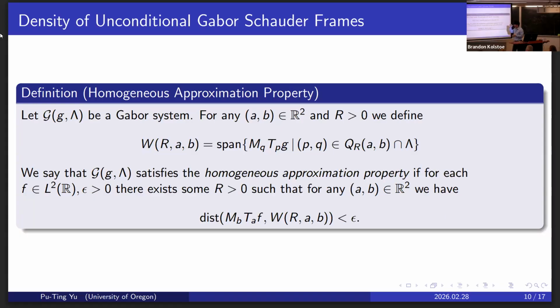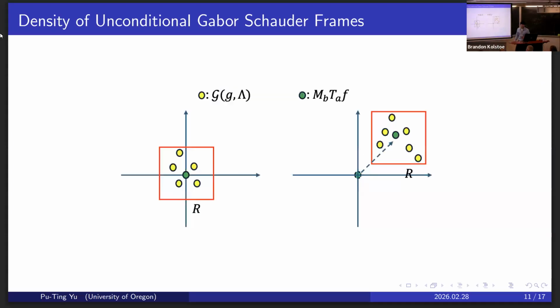The way I'd like to visualize this homogeneous approximation property is to think of (a, b) as the origin. For this function f, let me use the zero points to denote the points in the set of time-frequency shifts associated with this Gabor system, and the green points to denote the time-frequency shifts associated with f. Now think of (a, b) as the origin.